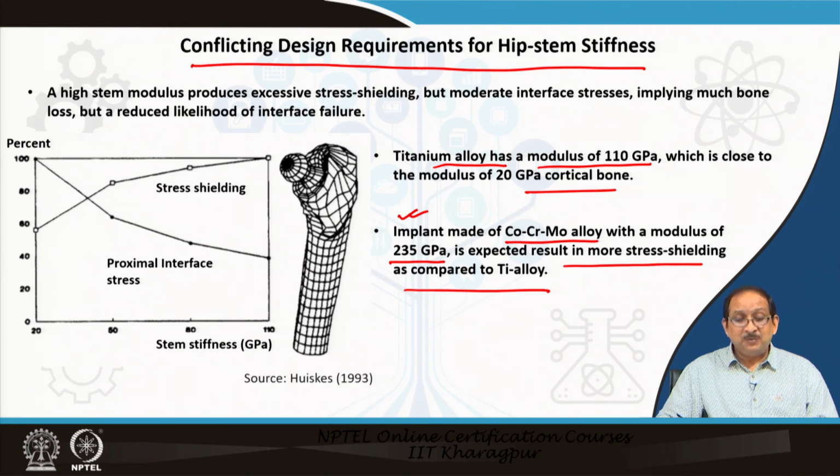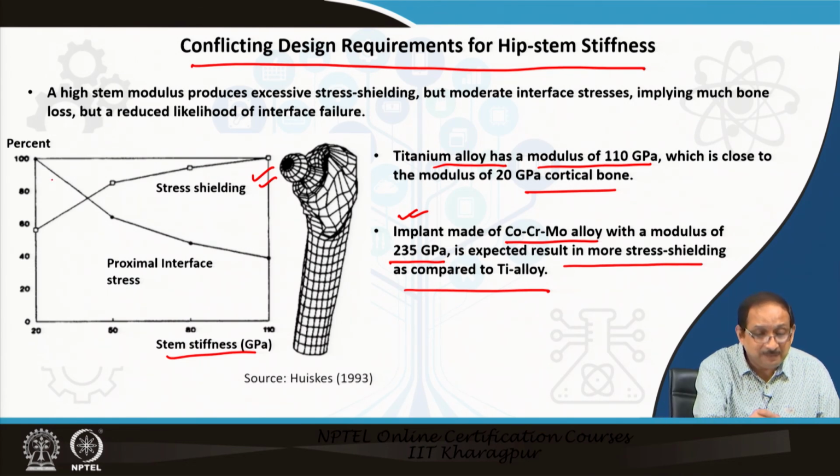Thus, excessive bone resorption is more likely to occur around stiffer stems as indicated in the figure here, but proximal interface failure is more likely to occur around flexible stems, which is indicated in the figure.